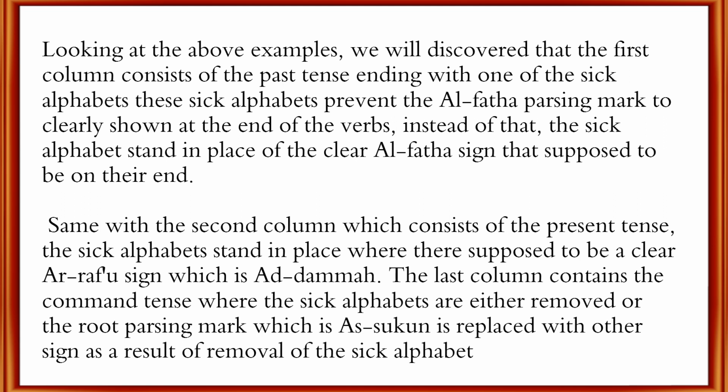Same with the second column, which consists of the present tense. The sick alphabet stands in place where there is supposed to be a clear raf'u sign, which is a dhamma. The last column contains the command tense, where the sick alphabet is either removed or the root parsing mark, which is a sukun, is replaced with another sign as a result of the removal of the sick alphabet.